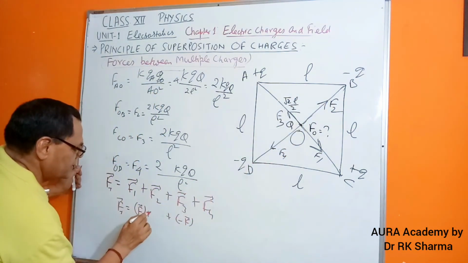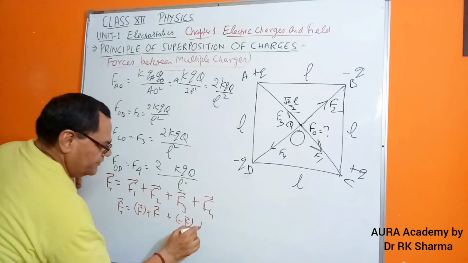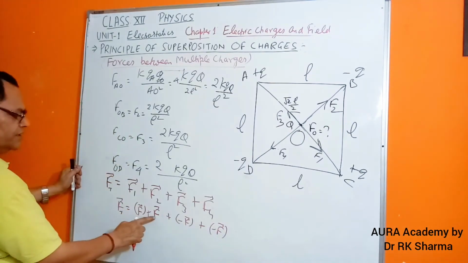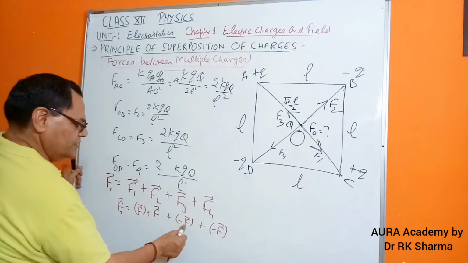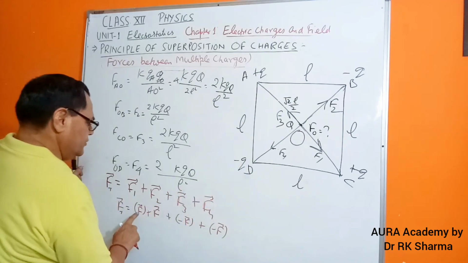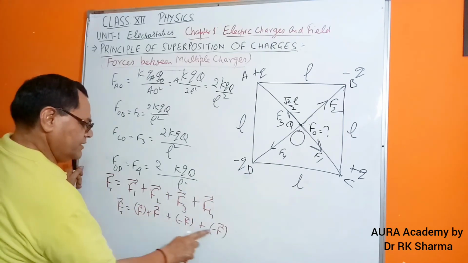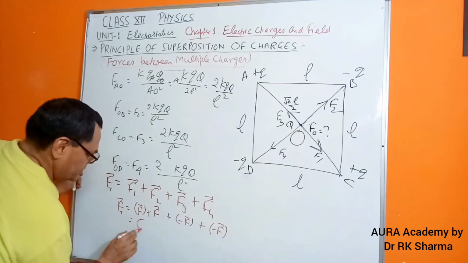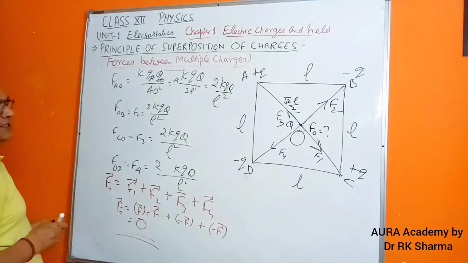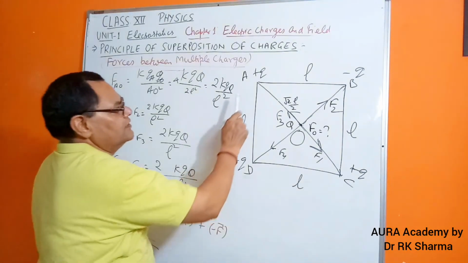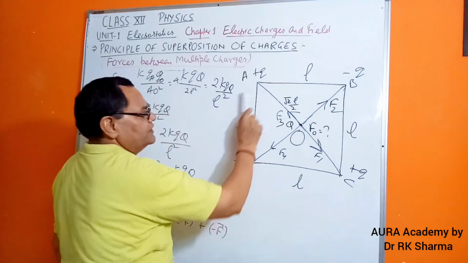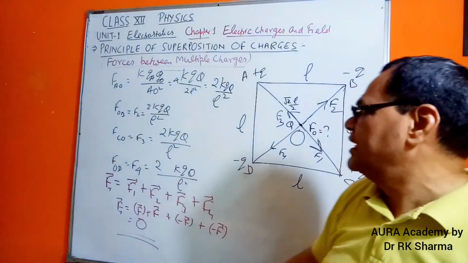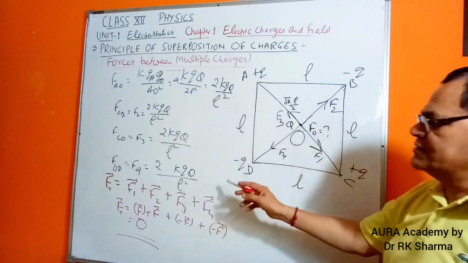So F2 means F only, and F4 is nothing but minus of F2, that is minus F. So positive, negative, positive, negative like this. So indirectly it is 2F minus 2F, so it is coming as 0. Therefore, in this question, when charges of this nature are located at the vertices of a square of some side L, then the resultant force at the center point O will be 0.